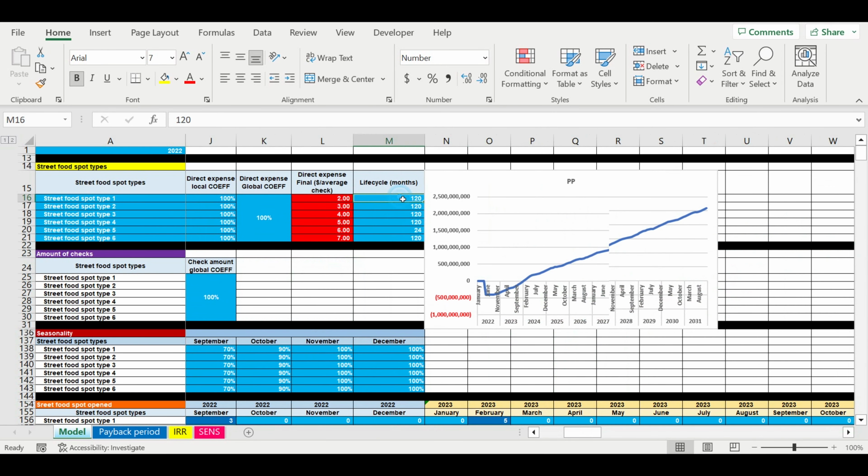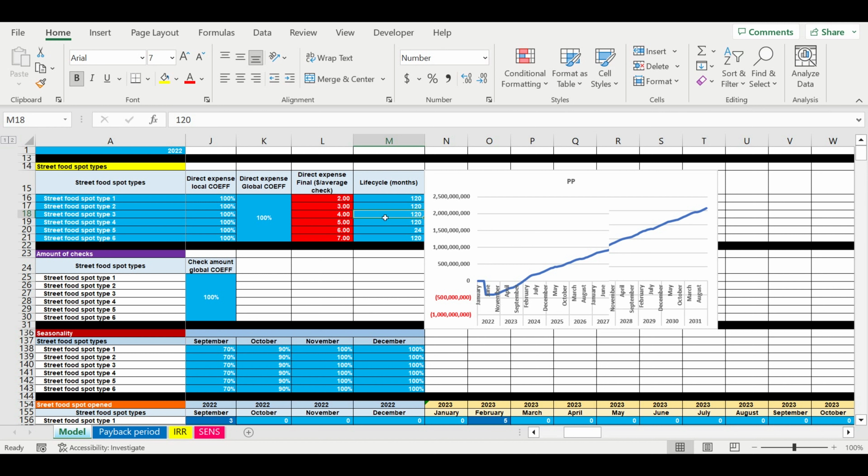Then we also have a dynamic time parameter of life cycle for each type of street food spot. For example, our legend is that some types of spots may generate losses, and we won't keep them.